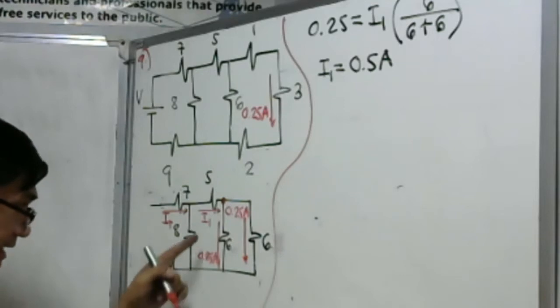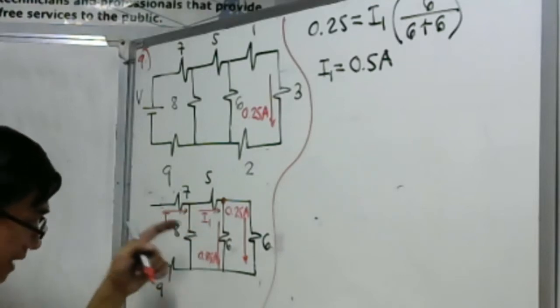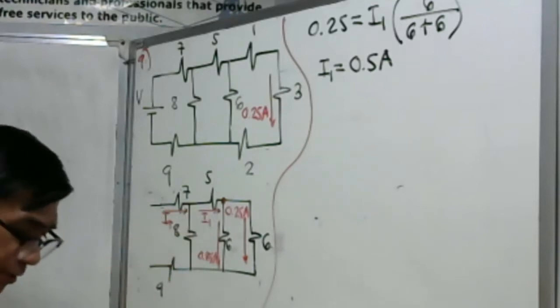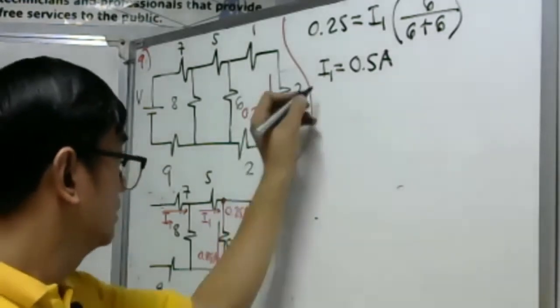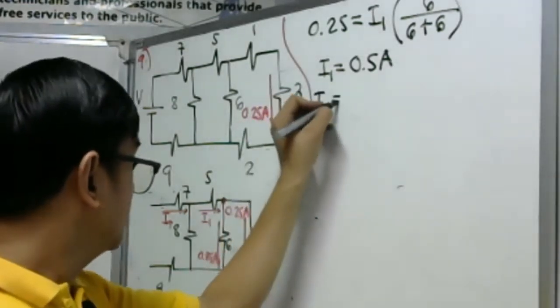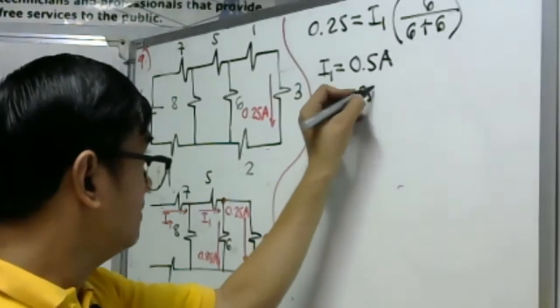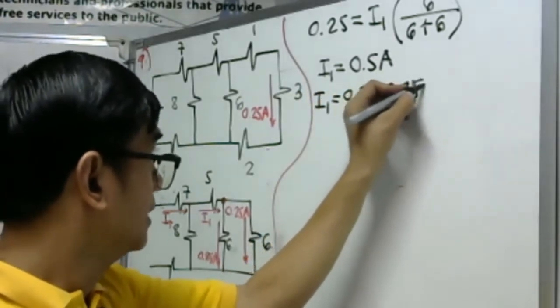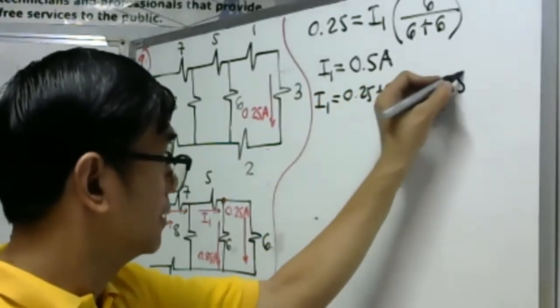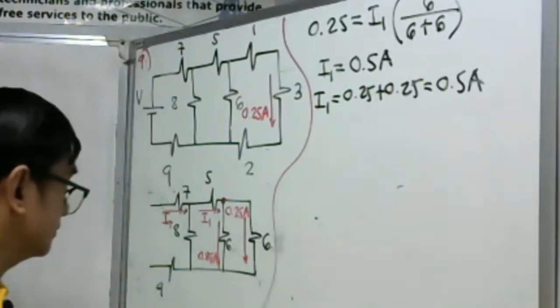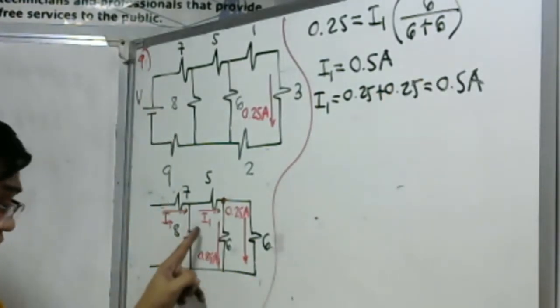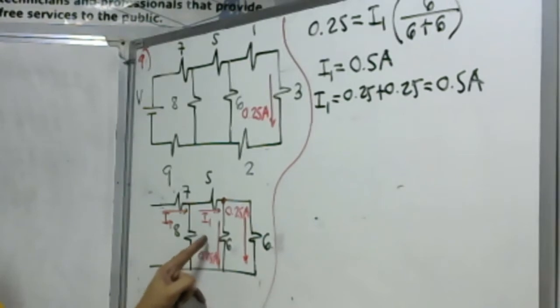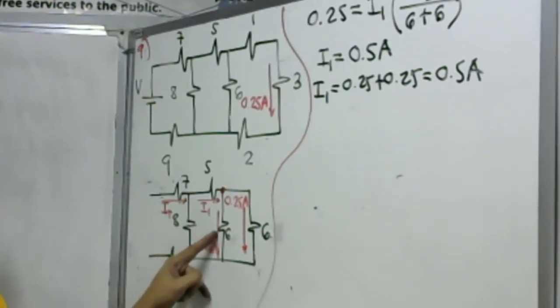That is the current entering, I1. So I1 is equal to 0.25 plus 0.25. Therefore, it is 0.5 of an ampere. Did you get that?